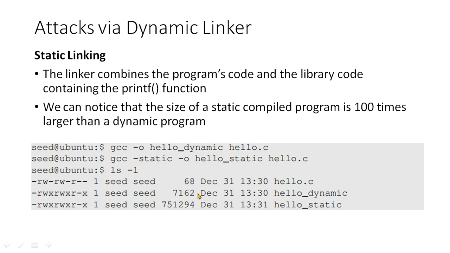What you observe when we list the current folder is that hello dynamic is only 7K, while hello static is 700K. So it's 100 times bigger than hello dynamic, right? Surely when we compile a file using the static option, it occupies a lot more memory. And hello dynamic is very small, very light, so when it runs it doesn't occupy much memory.